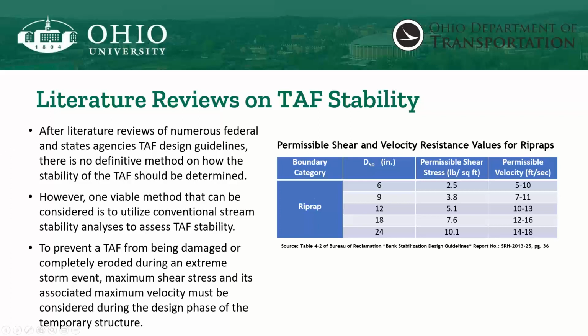I don't think there is even a federal-level guideline on how the stability of these structures should be determined. However, one viable method is to use conventional stream stability analyses to assess TAF stability. To prevent a TAF from being damaged or completely eroded during an extreme event, maximum shear stress or associated maximum velocity should be considered during the design phase of the temporary structure.